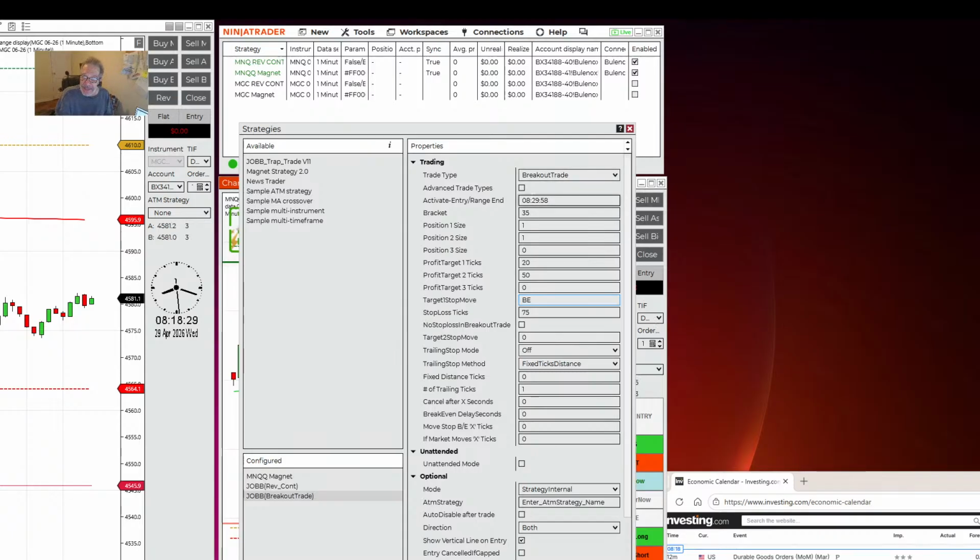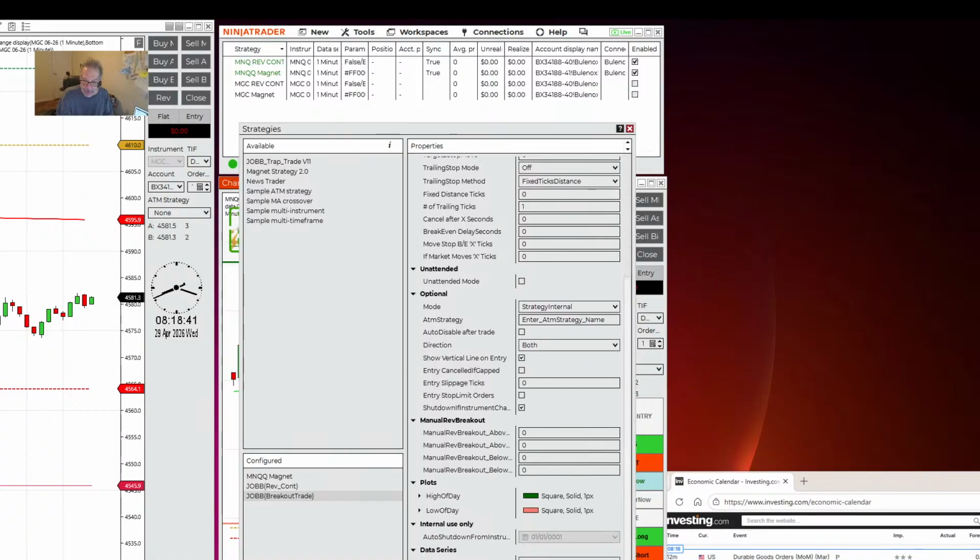Now, I set the time to 0. Why? Because I want to look at the bracket in the current market conditions to get an idea how wide the bracket is for trade management.